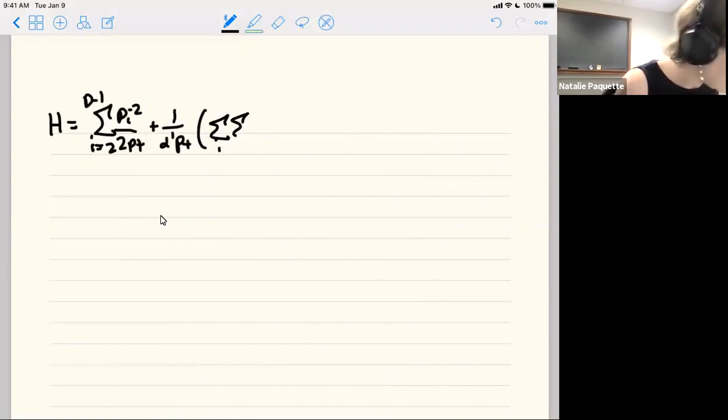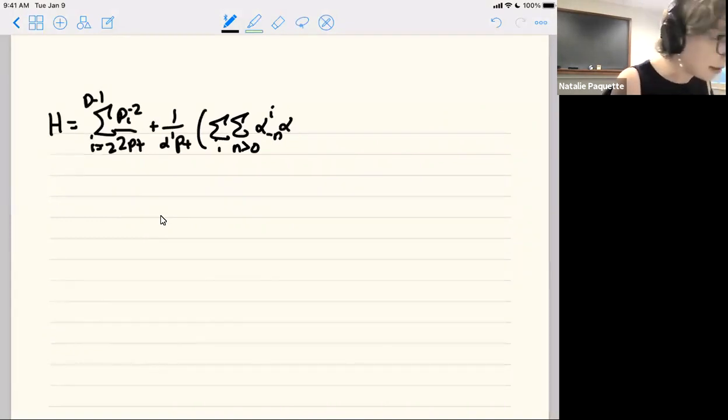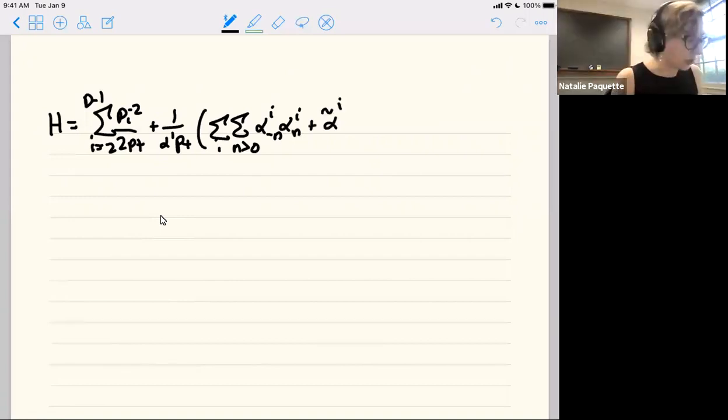But we'll take the standard normal ordering convention where we move our negatively moded operators all to the left and the positively moded ones to the right, which will correspond respectively to the creation and annihilation operators.